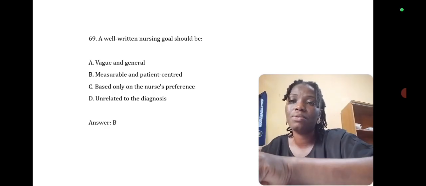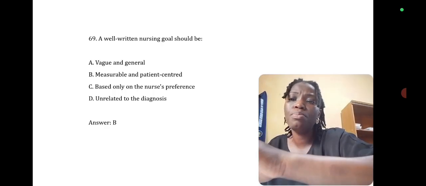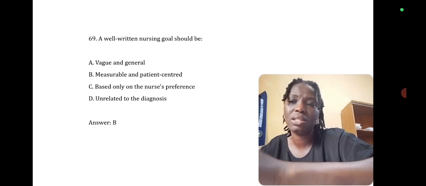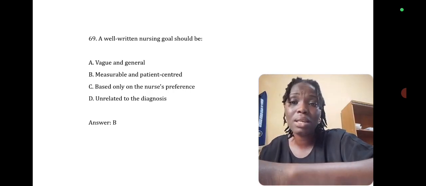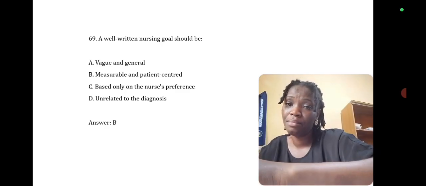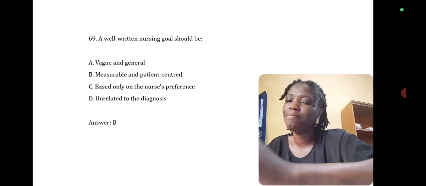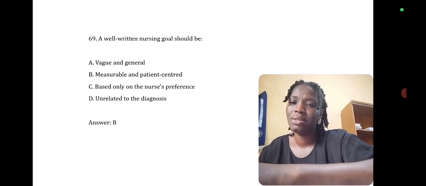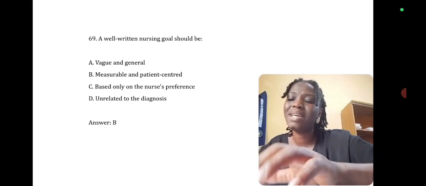So a well-written nursing objective should be B. It should be measurable and patient-centered, realistic and timely. They call it SMART. Your goal, your objective must be SMART.